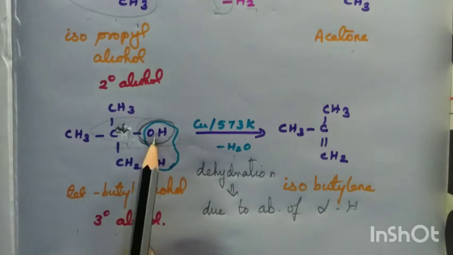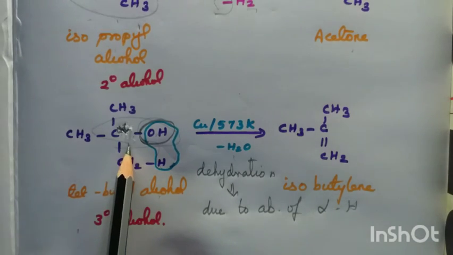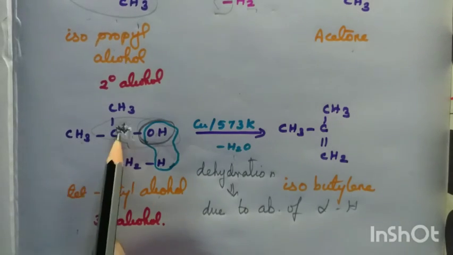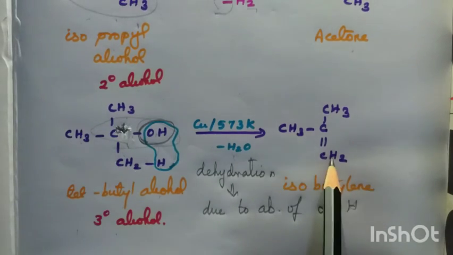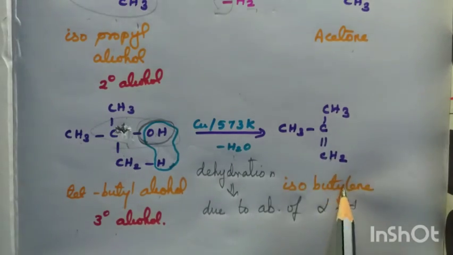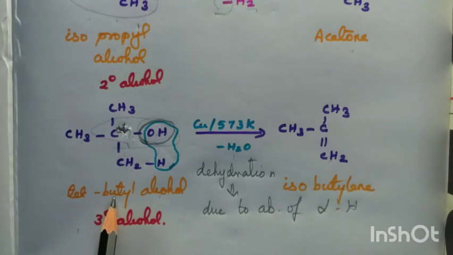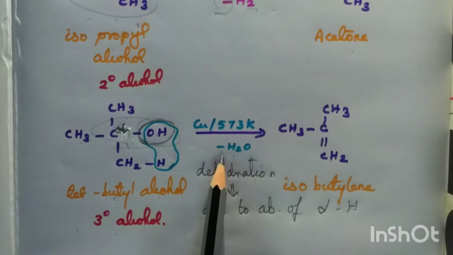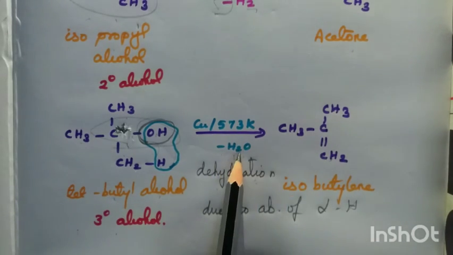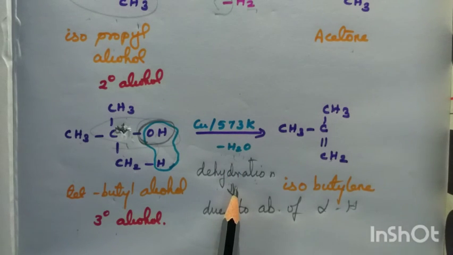So it undergoes dehydration. If you remove any atom or group from the adjacent carbon, you have to introduce one bond, no? So CH3, CH3, here it becomes a double bond CH2. It is nothing but isobutylene. Tertiary butyl alcohol does not undergo dehydrogenation, it undergoes dehydration, that is removal of water. Why dehydration instead of dehydrogenation?